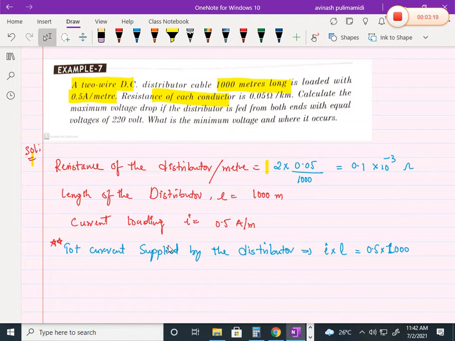The 1000 and the 10 cancel here, then we get 500. 500 is the total current, 500 amperes.